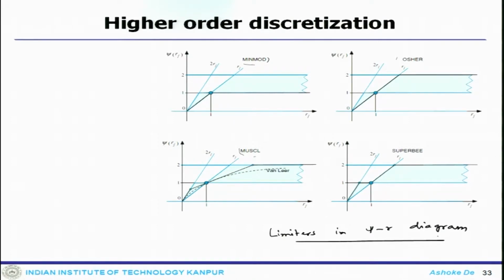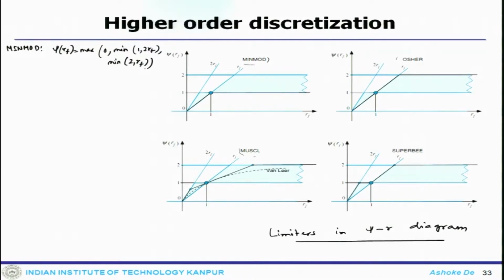Let us say we start with the minmod limiter. For the minmod limiter, psi RF is the maximum of 0, minimum of 1 and 2 RF, comma, minimum of 2 and RF.